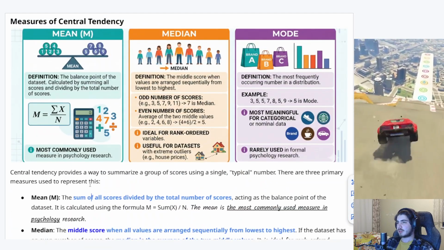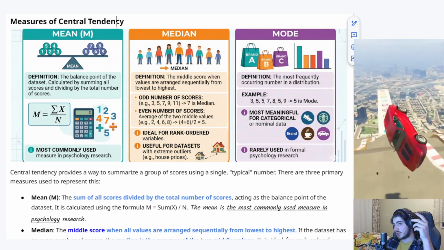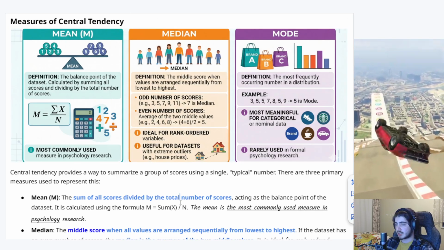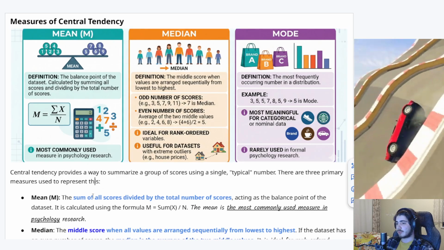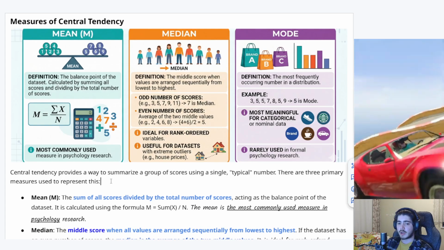The reason you use these different kinds of central tendency measures is because they all have different sensitivities to outliers.